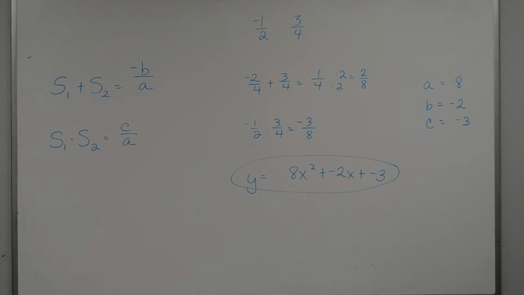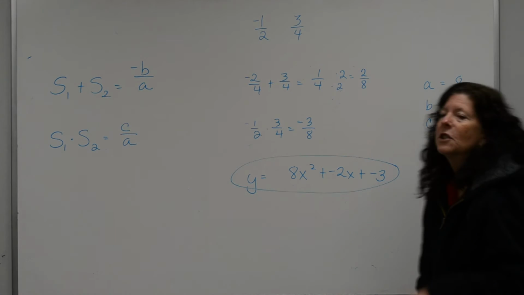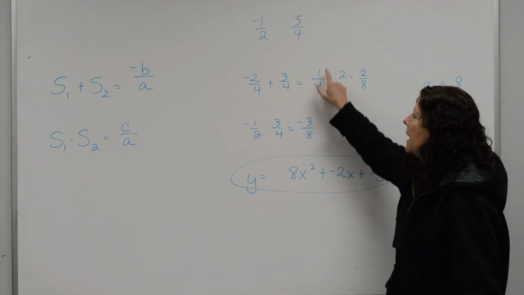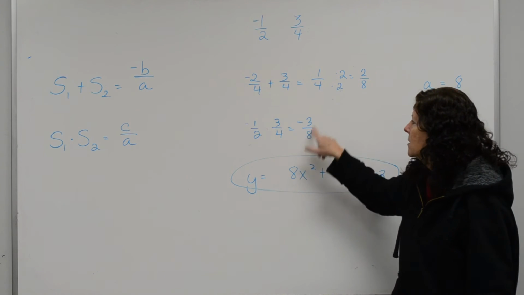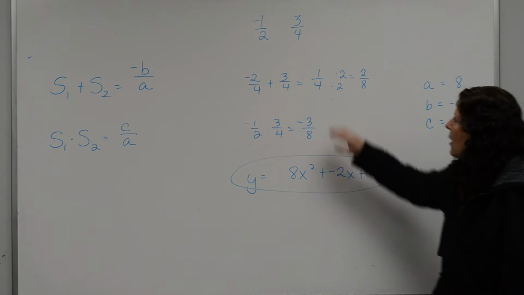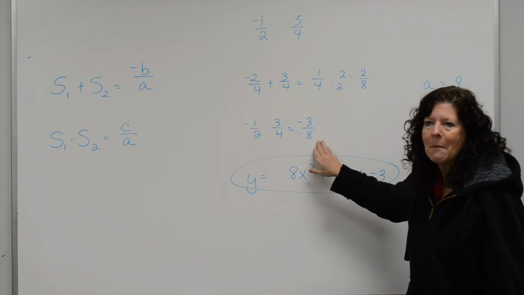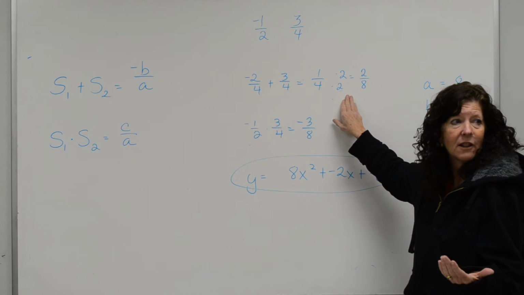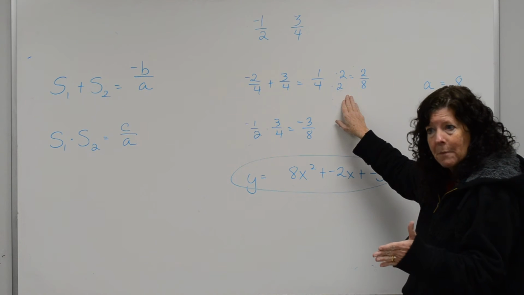Did you get it? That just is a little tricky, only because you've got to think about it. It's not hard math. When I add, I get 1/4. When I multiply, I get -3/8, so the A's don't match. So I ask, how do I make the 4 and the 8 match? I multiply the top one by 2/2, which I can legally do because it's like multiplying by 1.